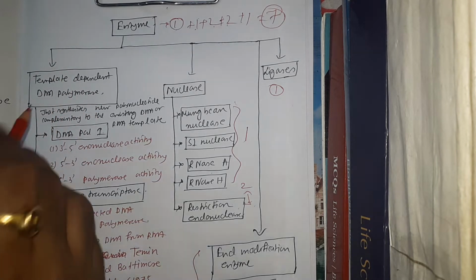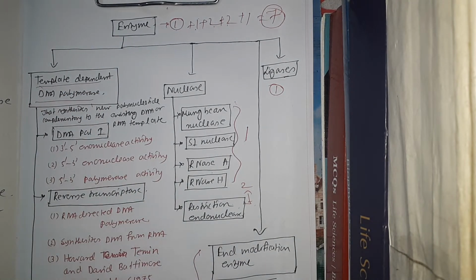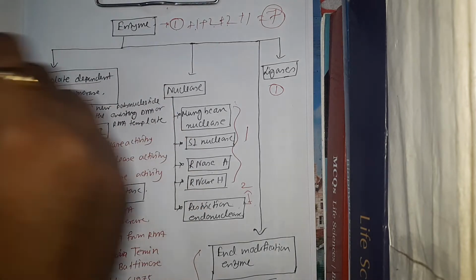By simply hearing the name, I hope you can easily figure out what they want to tell us. They simply want to tell us that template dependent DNA polymerases are DNA polymerases that have the ability to synthesize a polynucleotide complementary to an already existing DNA or RNA molecule, that we can call the template.